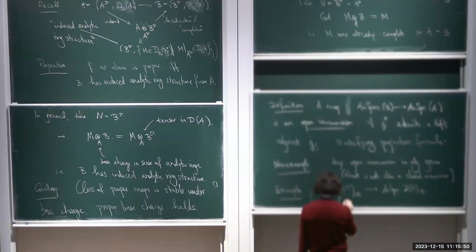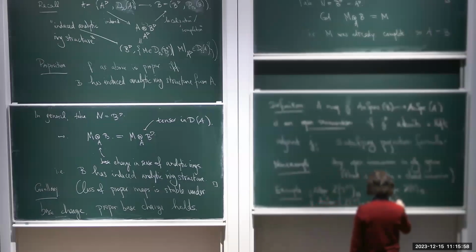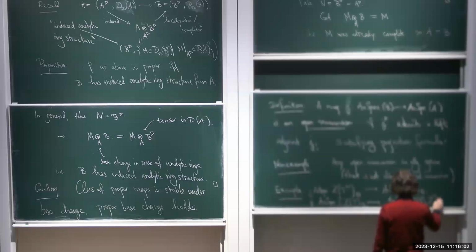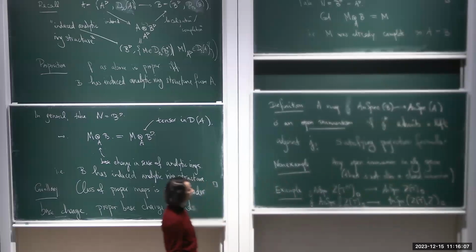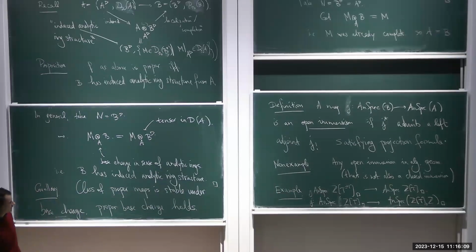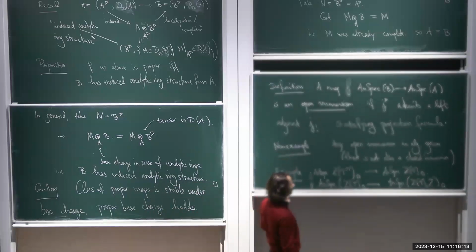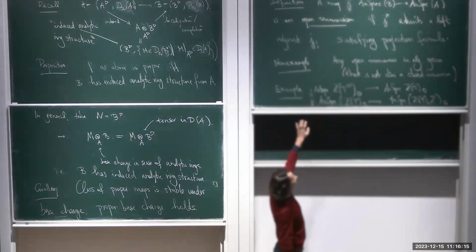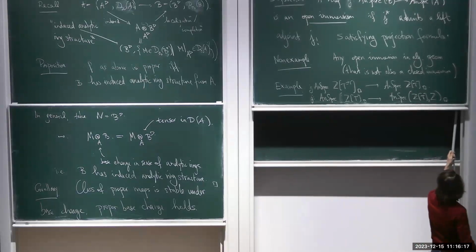Not quite, but essentially. The key thing to know is that if you take Spec Z[T] solid and embed this into the induced one, Z[T] solid, this is open. This is something that already came up in a remark once somewhere in the lectures, but that I want to spend a little bit of time on now again.